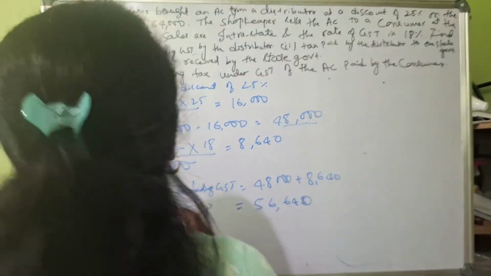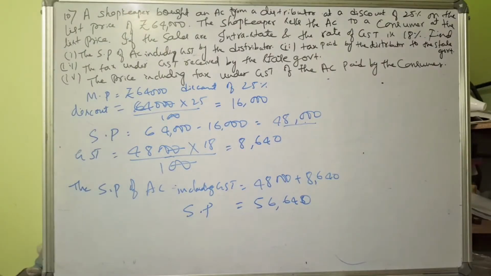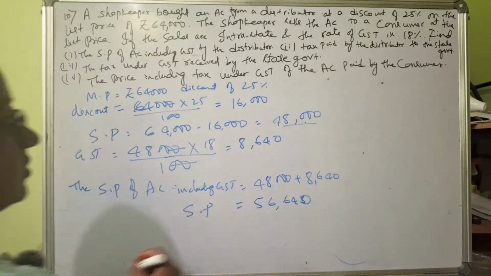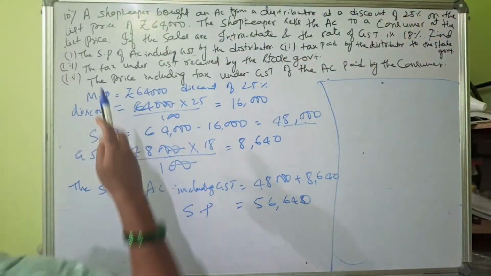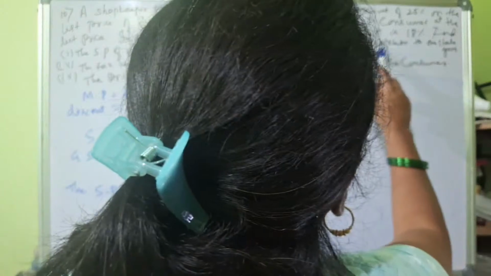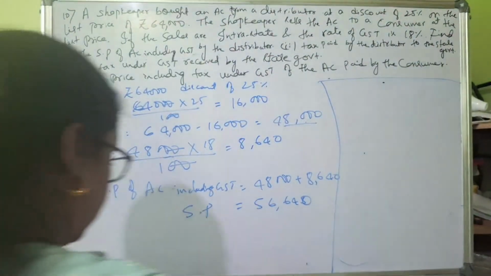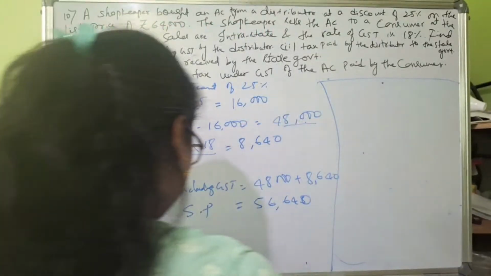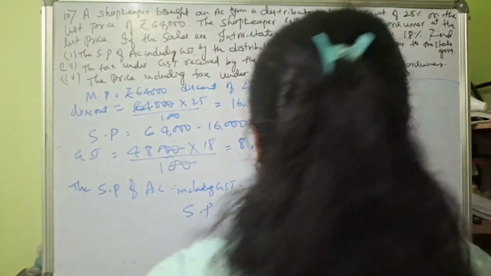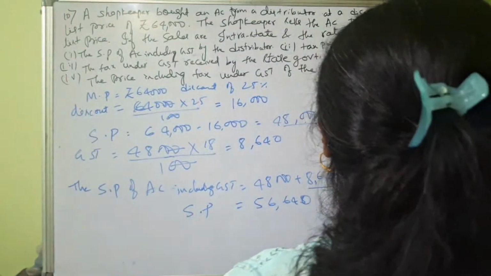So this is the selling price for the distributor. And the second question is the tax paid by the distributor to the state government. So GST paid by the distributor is rupees 8,640.